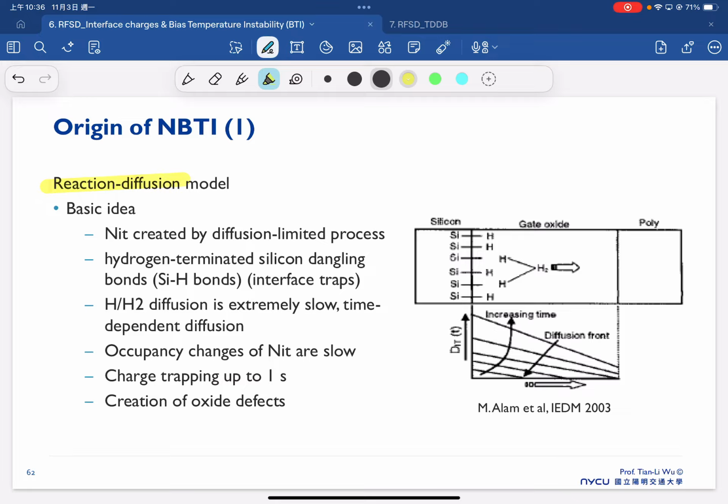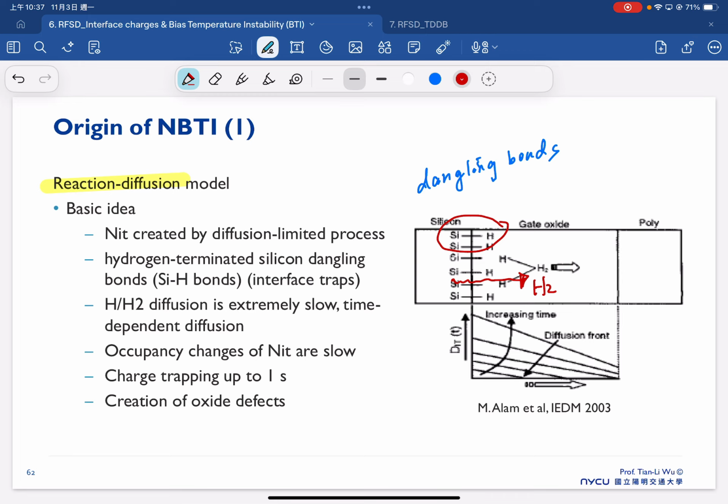The main idea is that we have this interface, and we have this silicon hydrogen dangling bond. Once the bond is broken, the hydrogen can diffuse. The hydrogen diffusion then causes the NBTI. That's the early model, coming from 2003.